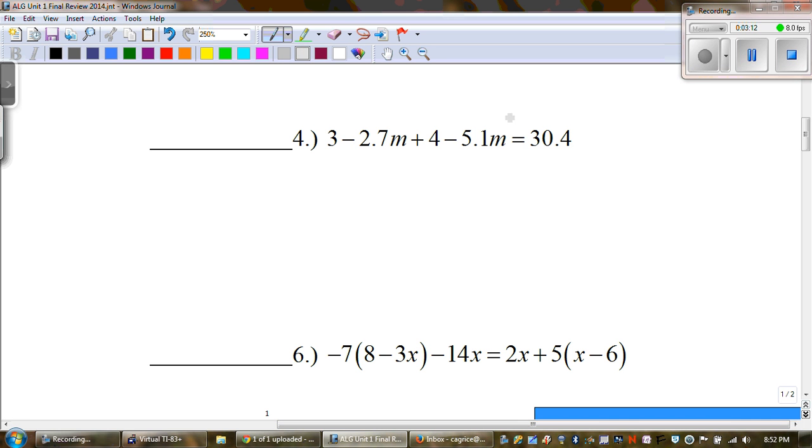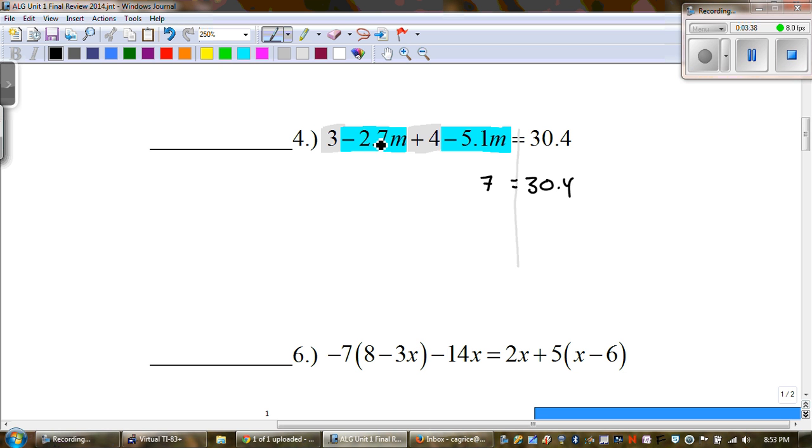Okay, we've got a lot of information, so I'm just going to draw the line so I can see the two sides. And now on the left side, we've got a lot of information, okay? And remember, the first thing we have to do is combine like terms, okay? So 3 plus 4 is 7. Let's do the easy thing first, okay?